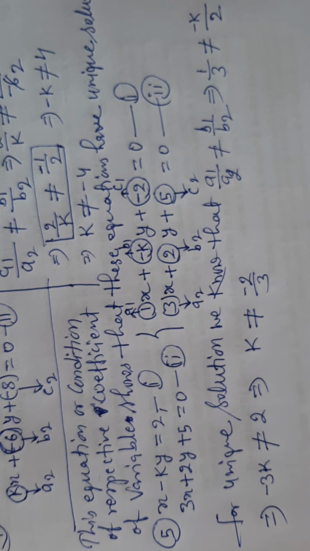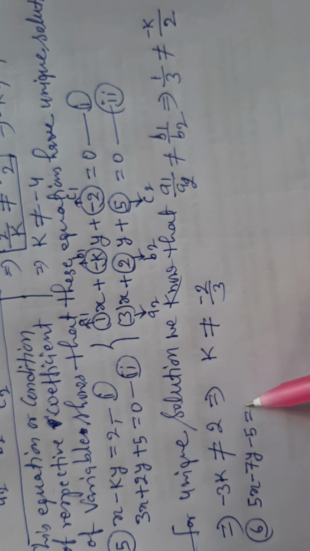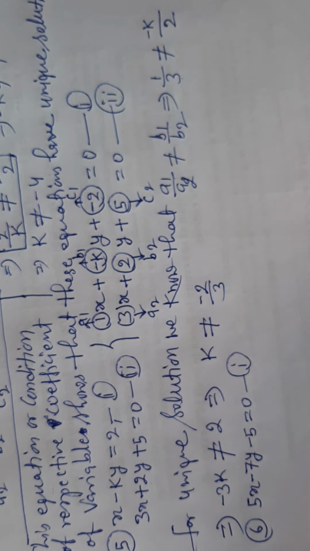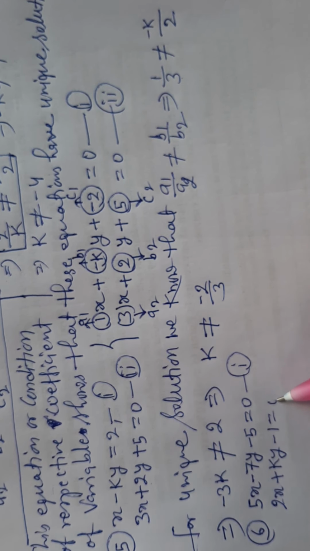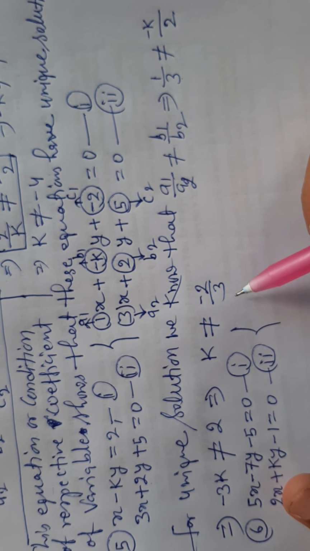Next, question number 6. 5x minus 7y minus 5 is equal to 0, equation 1. And next, 2x plus ky minus 1 is equal to 0, equation 2.